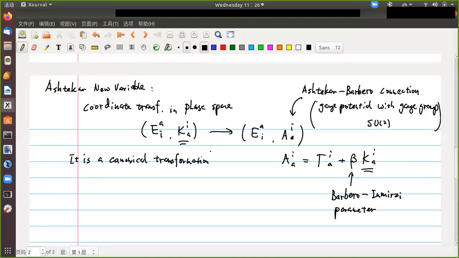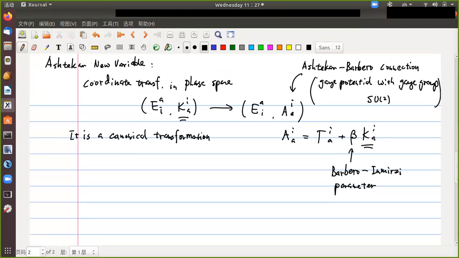What we mean by canonical transformation is something you may have learned in your classical mechanics. Being a canonical transformation, it transforms conjugate pairs to conjugate pairs. Because E and K are a conjugate pair in the phase space, after the transformation E and A must also be conjugate pairs in the phase space.